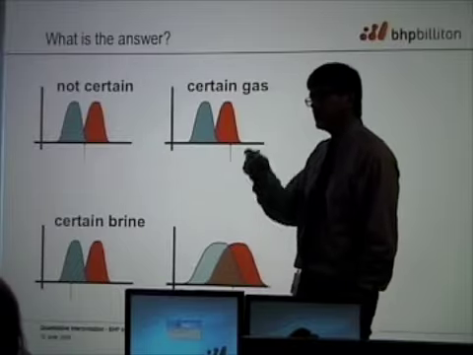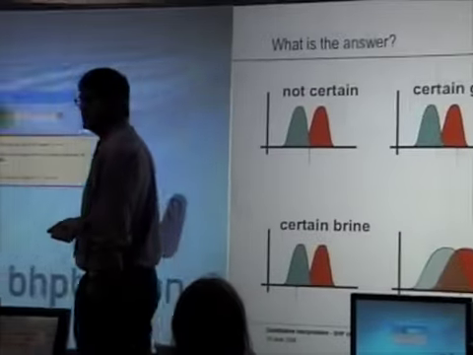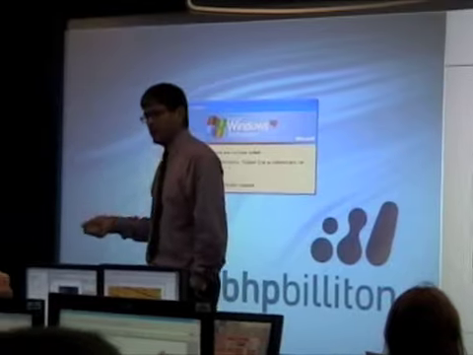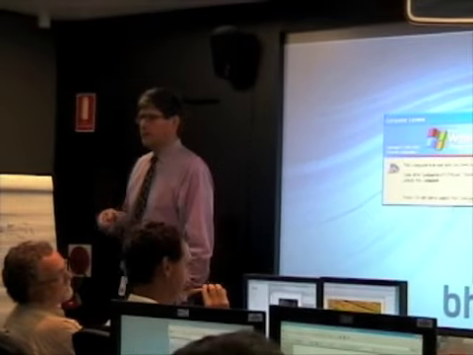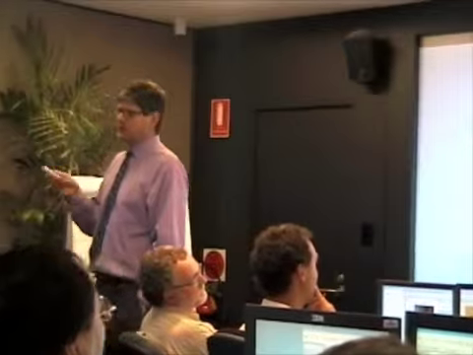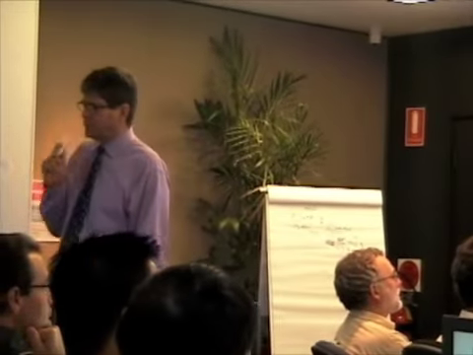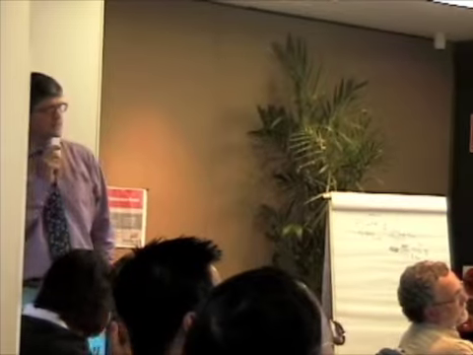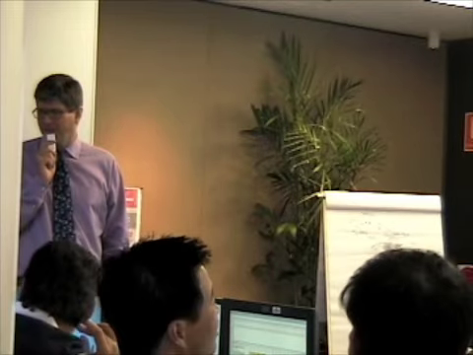In this case, Ian, is it certainly brine, certainly hydrocarbon, or maybe brine, or maybe hydrocarbon, or you don't know? Is there any preference whatsoever? Is it 50-50, or is it pushed one way or the other? If you had to say, which one would it be?